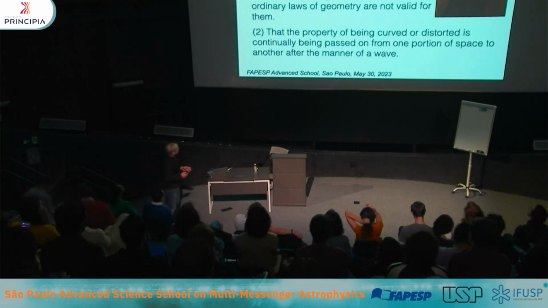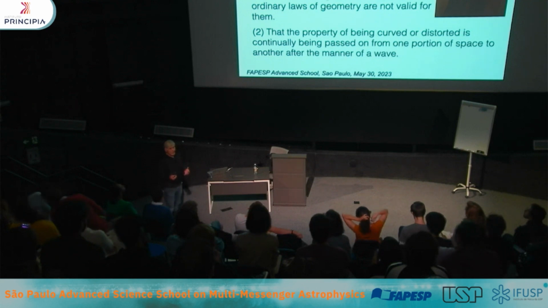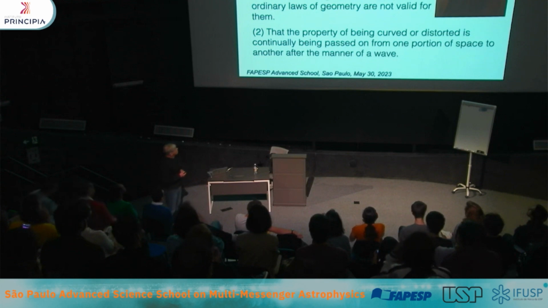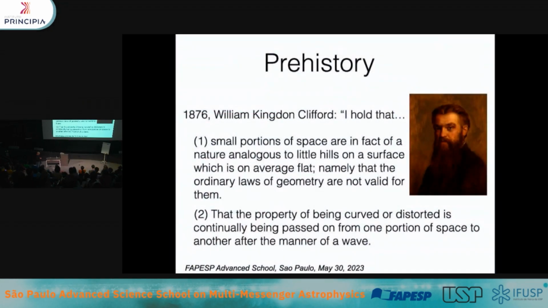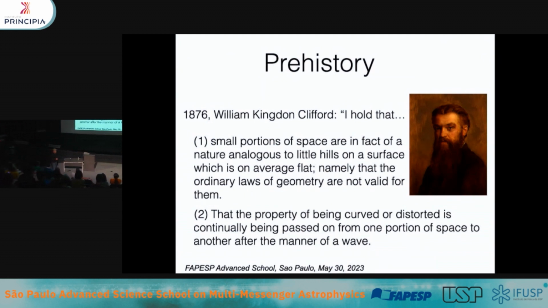The first one to ever put forward the concept of geometry being fundamental for gravity was William Clifford, the same one from the Clifford algebras. If you are somehow related to theoretical high energy physics, you have probably heard the name.